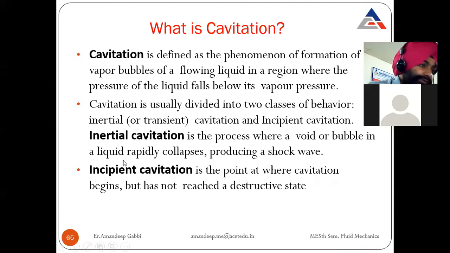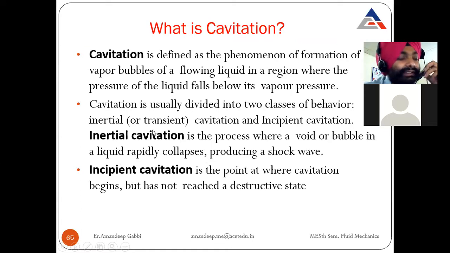So cavitation is usually divided into two classes of behavior. Inertial cavitation is a process where voids or bubbles in a liquid rapidly collapse, producing shock waves. Incipient cavitation is the point where cavitation begins but has not reached a destructive state.